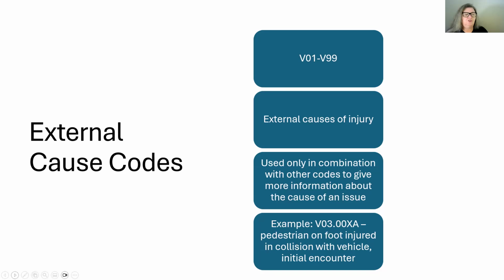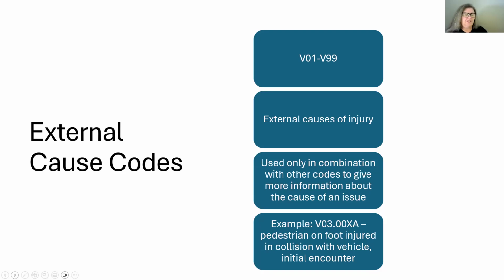External cause of injury codes we only use in combination with other codes just to give more information about the cause of the issue, the disease, the injury, what have you. An example of that would be V03.00XA, which would be used for a pedestrian on foot injured in a collision with a vehicle, initial encounter, meaning this is the first time they're seen for it. So if someone got hit by a car.